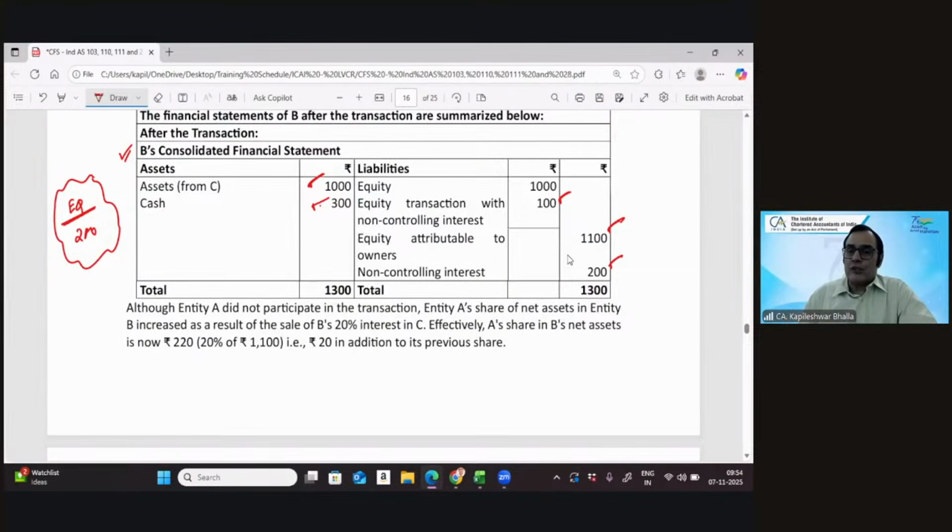It says A does not participate in the transaction, but A's share in net assets will increase by 20 because of that transaction. So his amount will increase by 20.